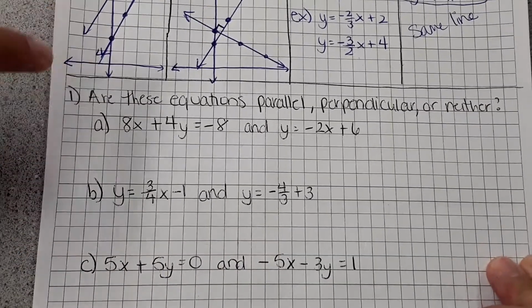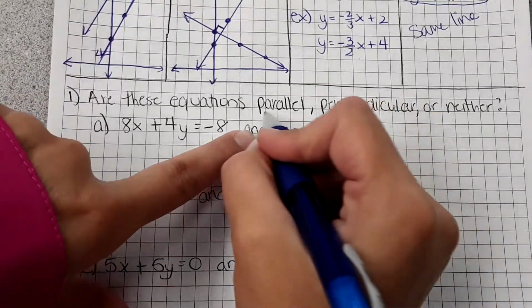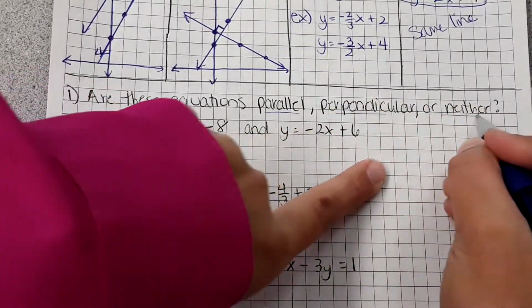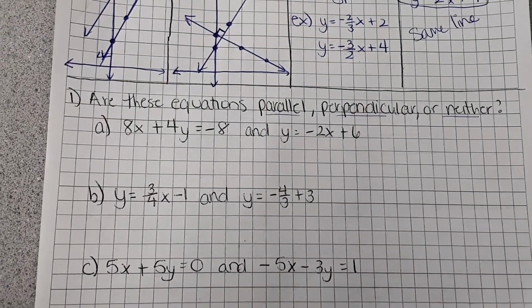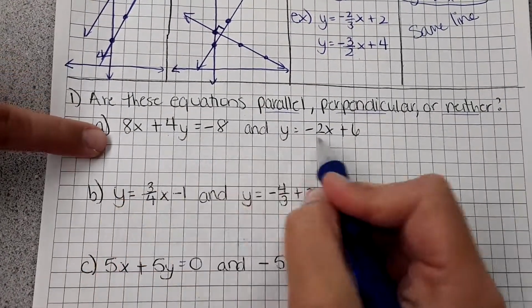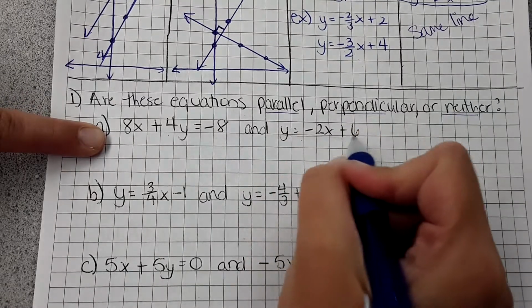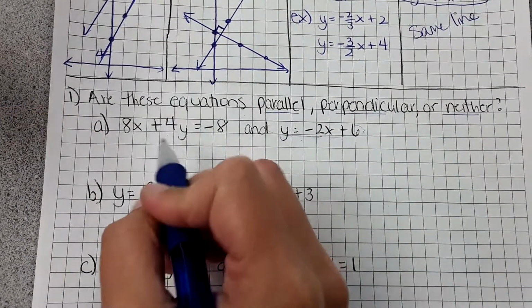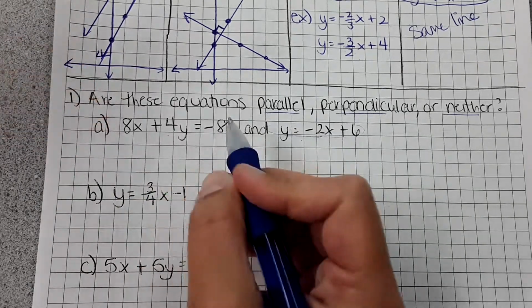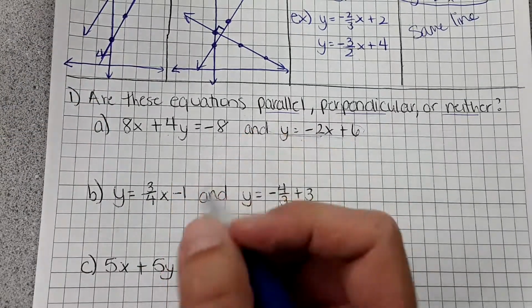Okay, so number 1, it says, are these equations parallel, perpendicular, or neither? And there's actually 3 separate problems here. So starting with A, they gave us 2 equations. However, only one of them is in slope-intercept form where I can really look at the slope and compare it to the other one. So I need to rearrange this so that it is in slope-intercept form so I can compare them.